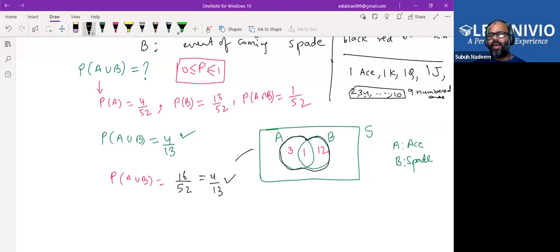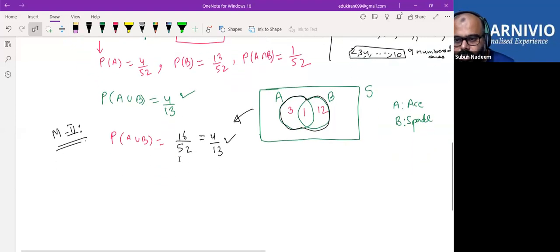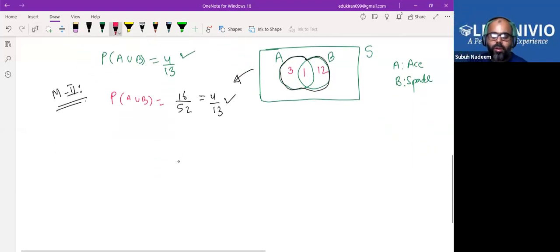So using the Venn diagram also, you can find it without using the addition formula, right? Yes, sir. This is method 2. So write this method also.